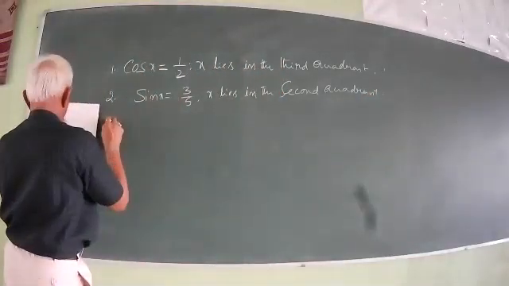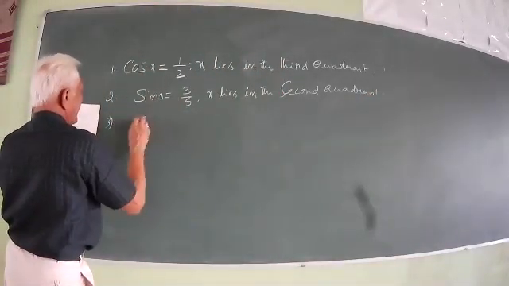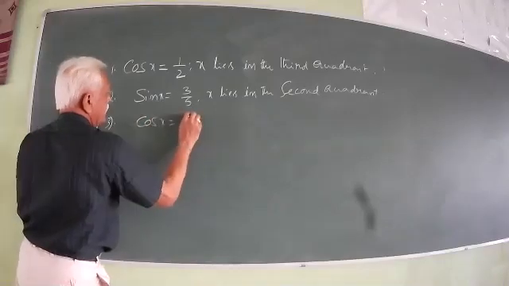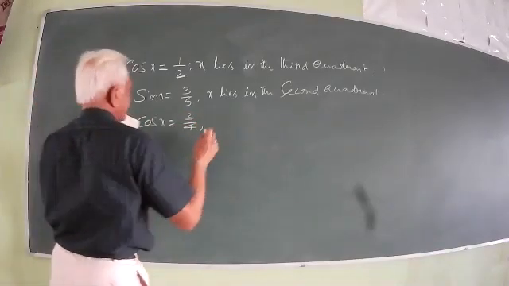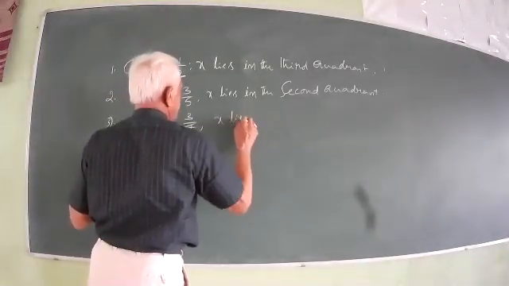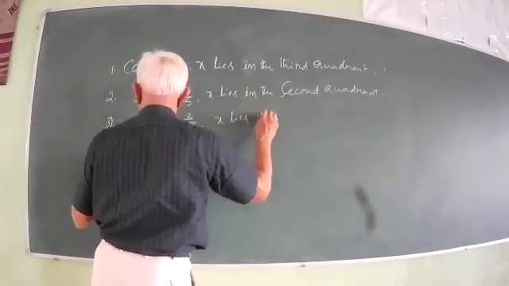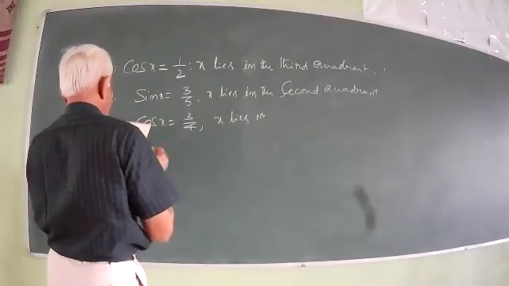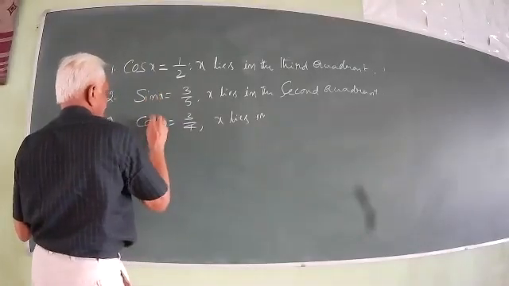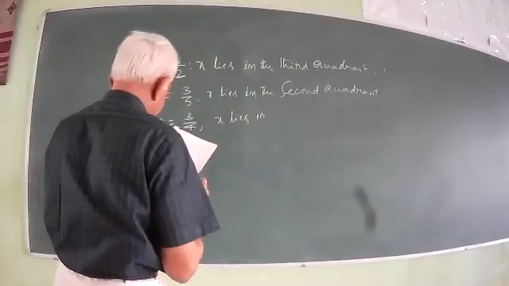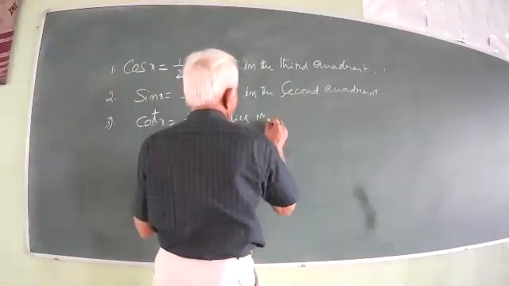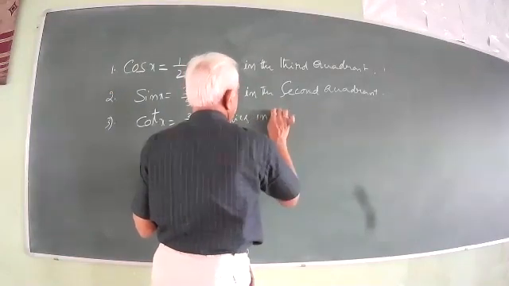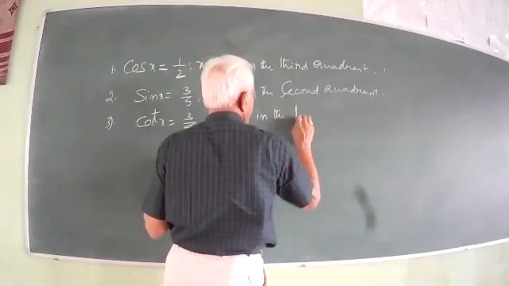Number 3, sorry, cot x, not cos x, this is cot x. Cot x is equal to 3 by 4, x lies in the third quadrant.